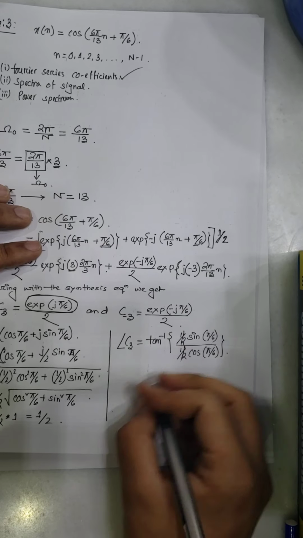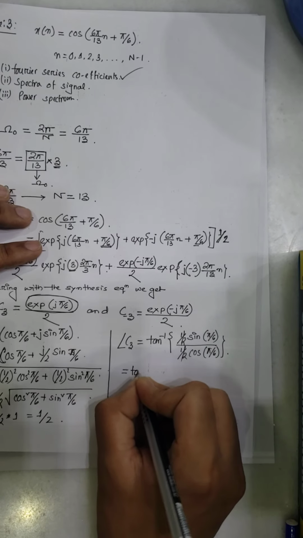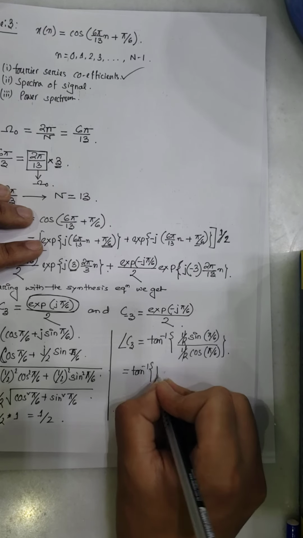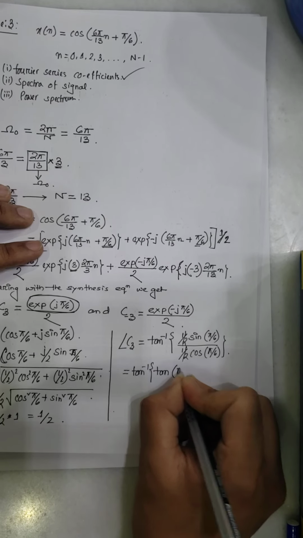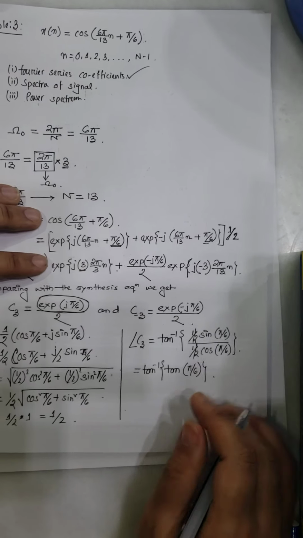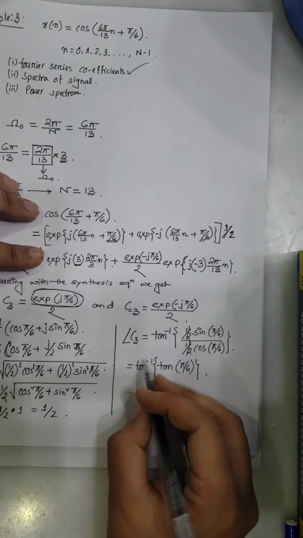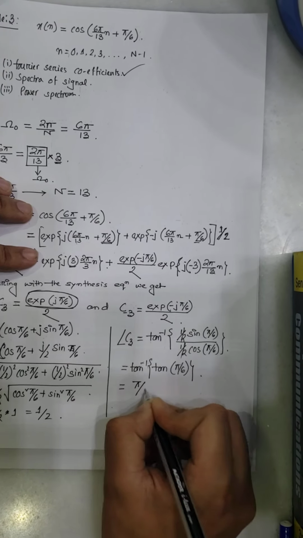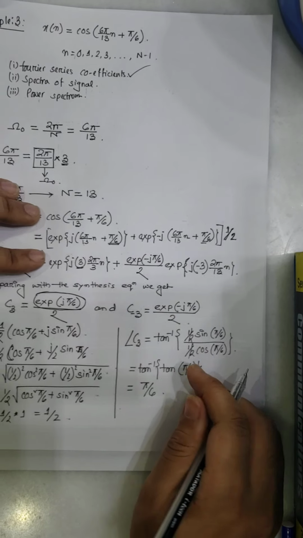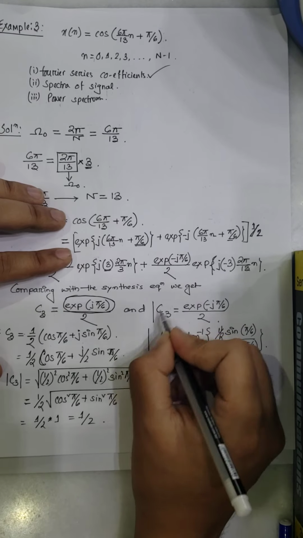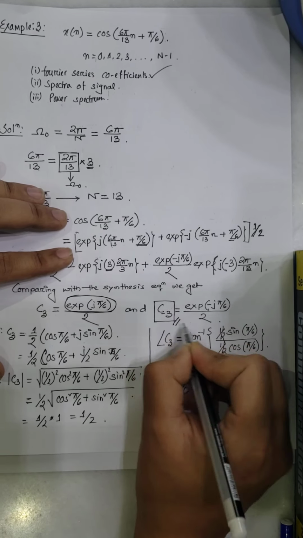This half and half cancels out, and all we remain with is tan inverse of sine over cos, which is tan pi by 6. As per the rules of inverse trigonometric operators, tan inverse and tan cancel out, and we get the angle to be pi by 6. Hope that is clear. Now let us operate for the second coefficient.